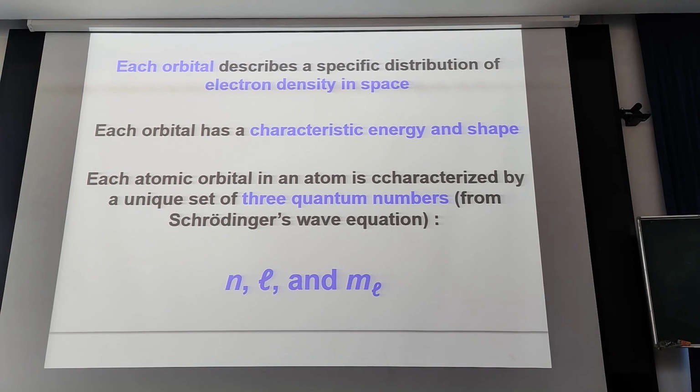So, the size, small or big, the shape, spherical, square, will be l, and what could be the direction of the orbital.